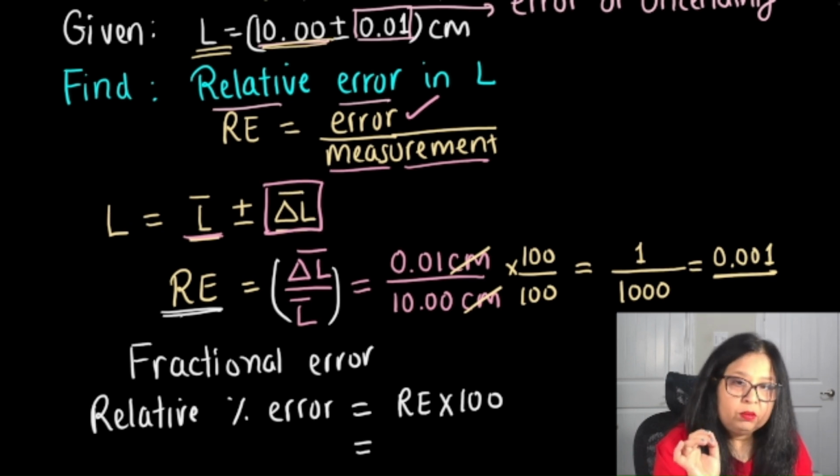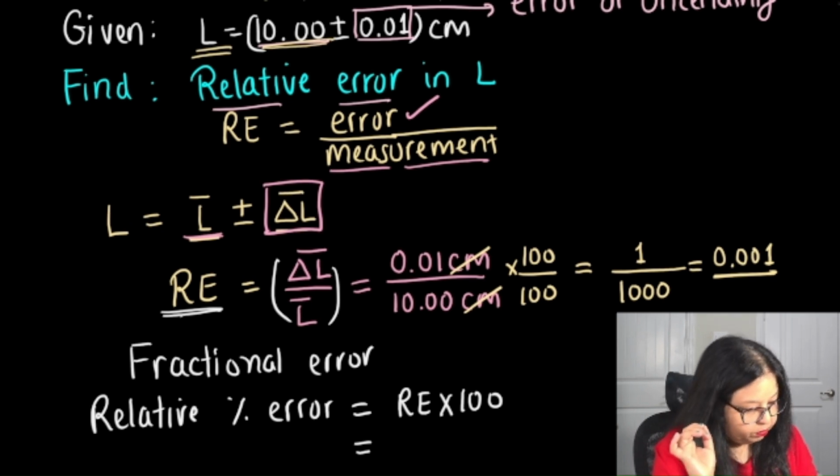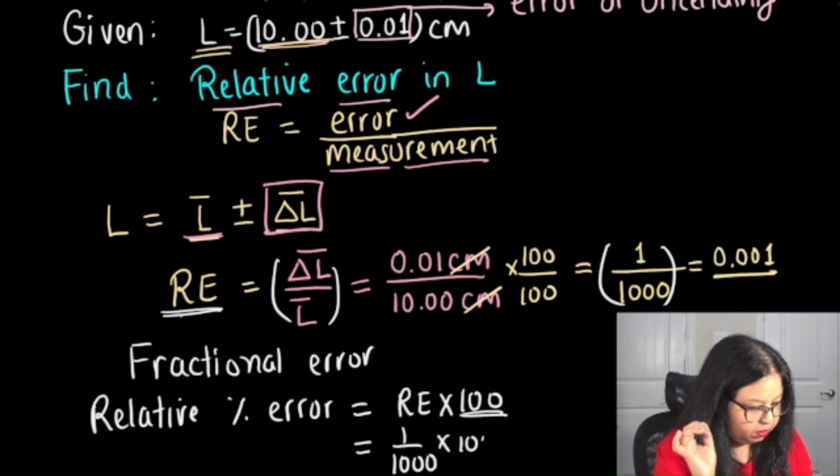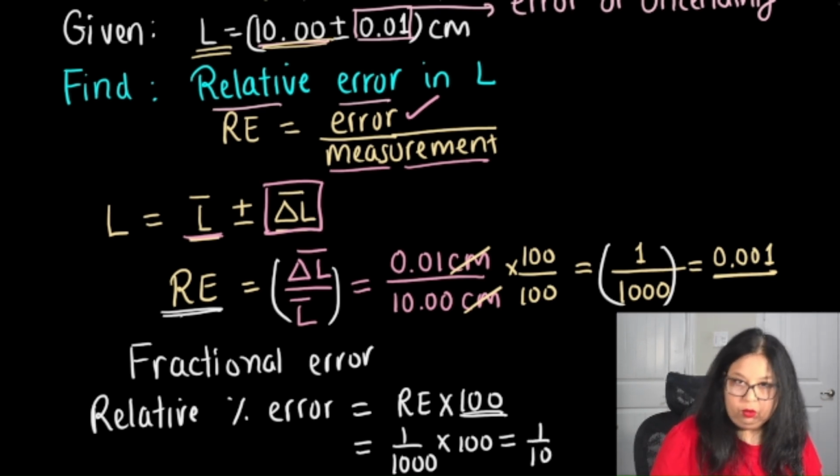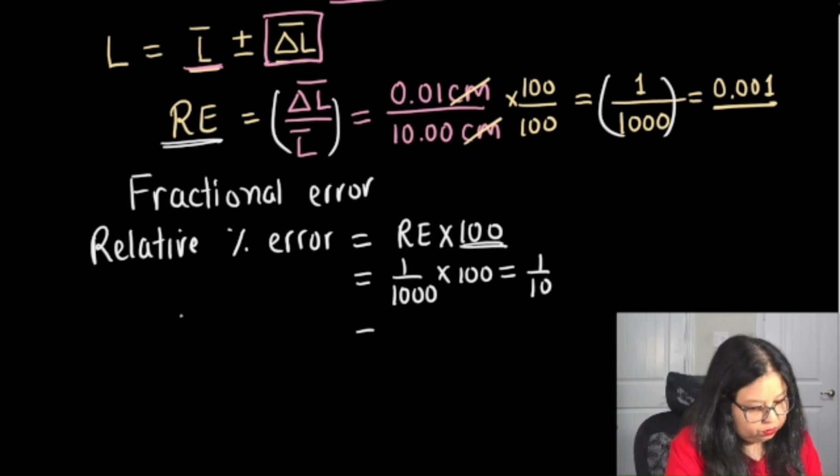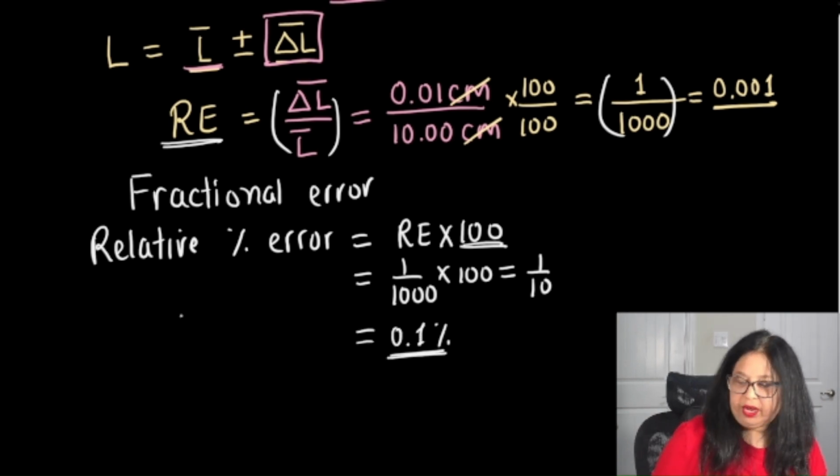Now we already know that relative error is 1 over 1000, times this 100. What does this give you? 1 over 10, which is equal to 0.1%. Here's your answer.